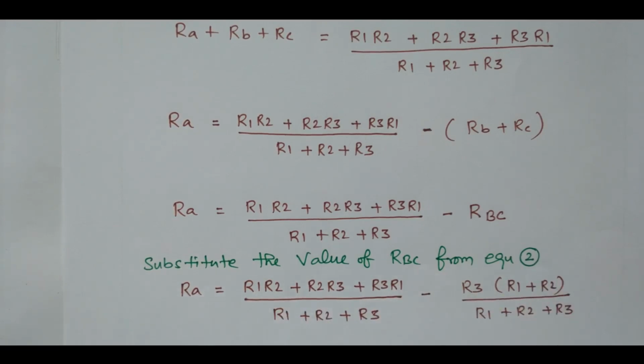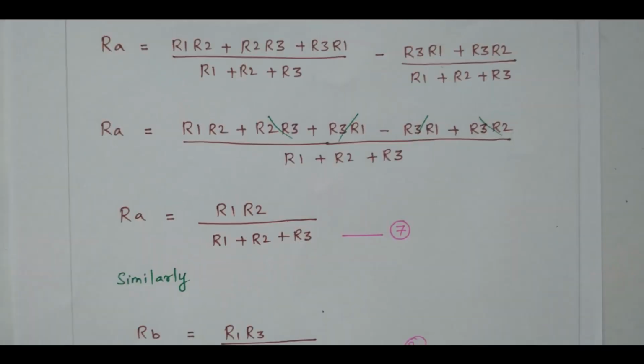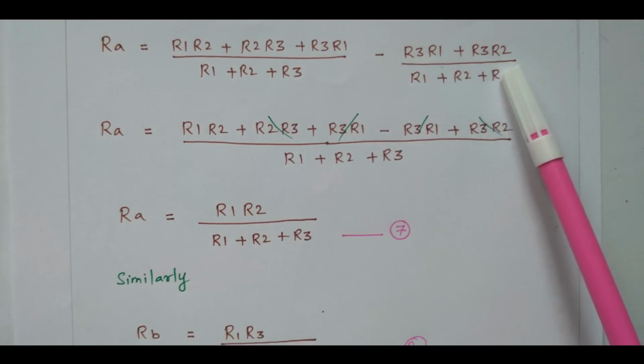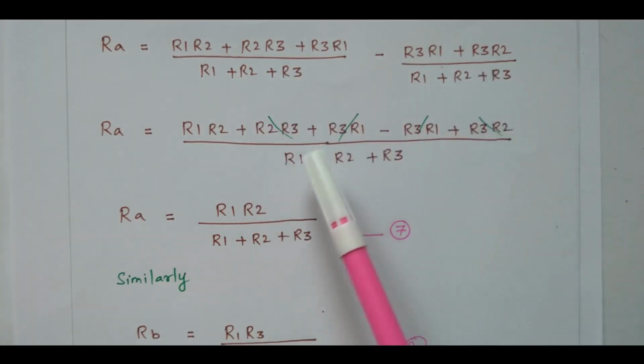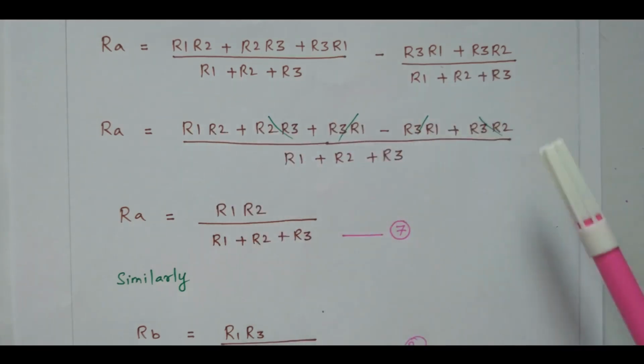I will go for the further simplification. So it is further simplified as this term minus, that is multiplied inside. Now in the denominator both the values are same, so we can take it as common. Now these terms are written.